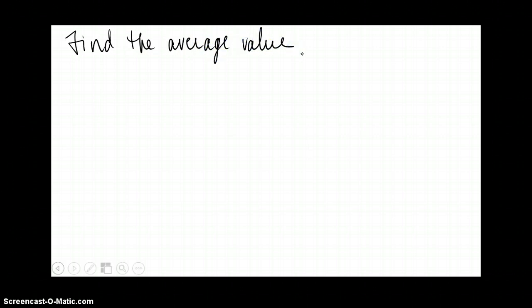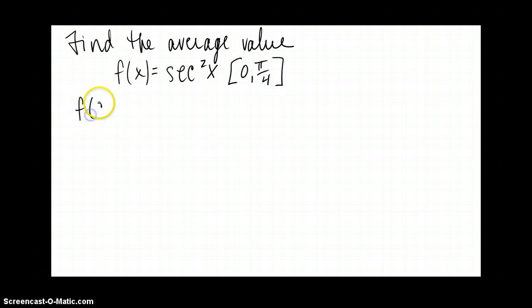Alright, let's see this. Find the average value of secant squared of x from 0 to pi over 4. Right, average value, 1 over b minus a, integral from a to b.